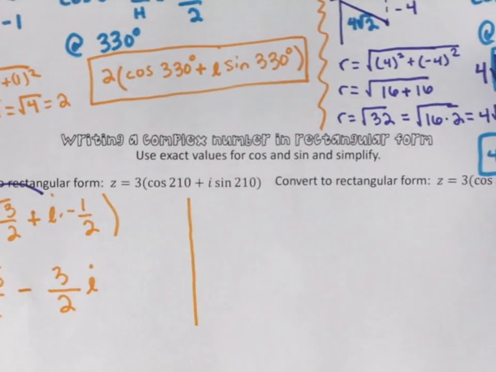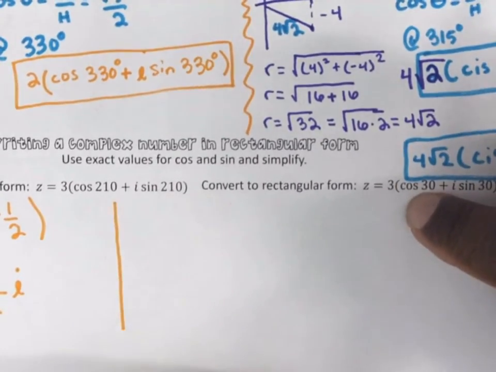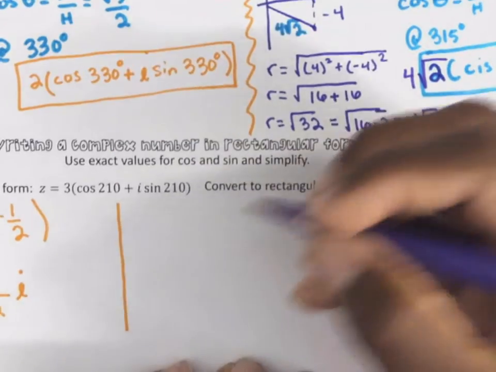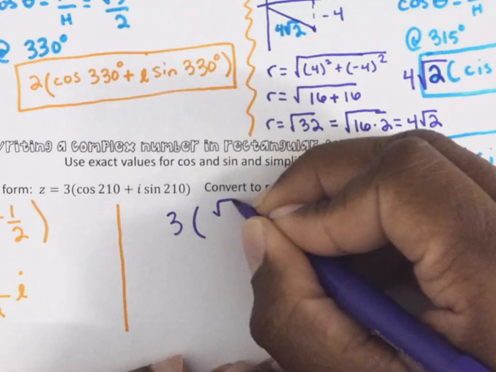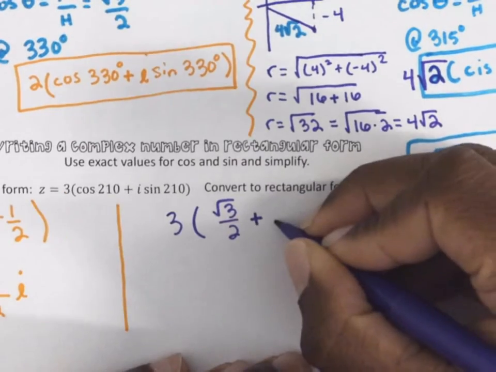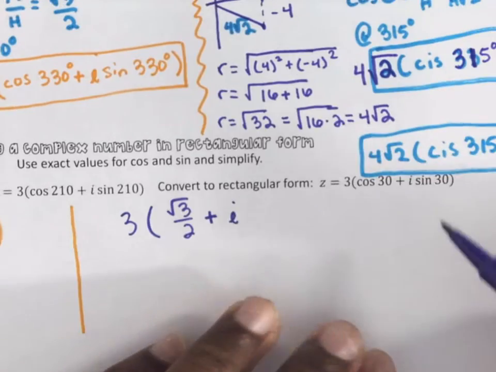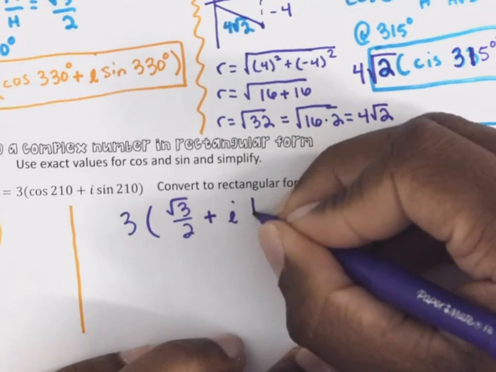Oh, wait, that's good. All right, so I need the exact value, cosine of 30. What's that exact value? Root 3 over 2. So I got 3 times root 3 over 2 plus I times sine of 30. Sine's exact value is 1/2.